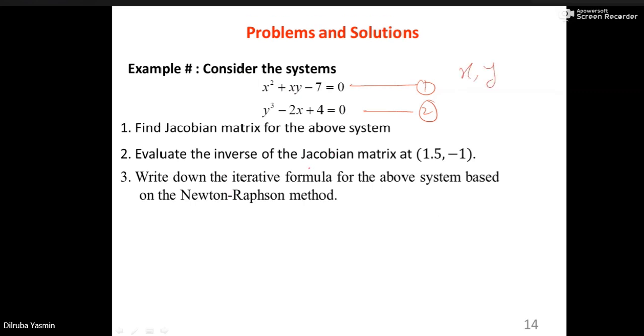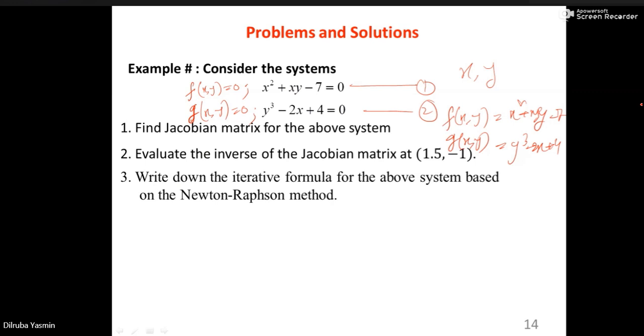So you can define this as f of x comma y equal to 0, and z of x comma y equal to 0. That means f of xy is x square plus xy minus 7, and z of xy is y cube minus 2x plus 4.